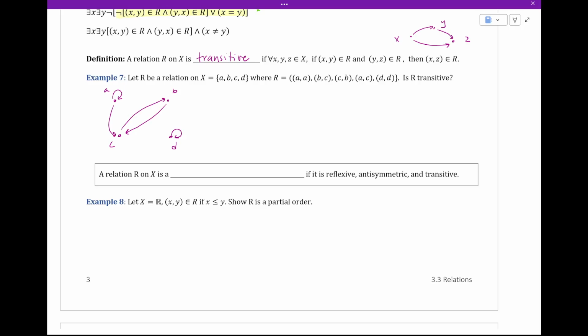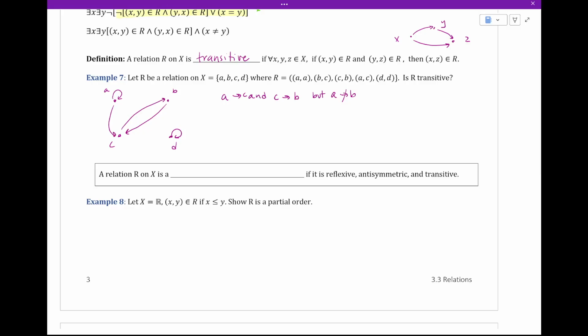Well, a goes to c, and c goes to b, but we do not have a going to b. This is kind of my shorthand as I'm processing through what this transitive means. So I'm thinking it's not transitive.